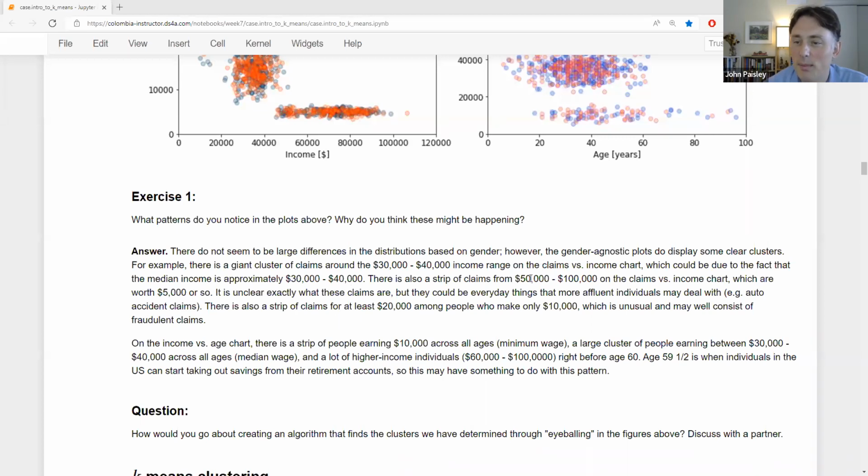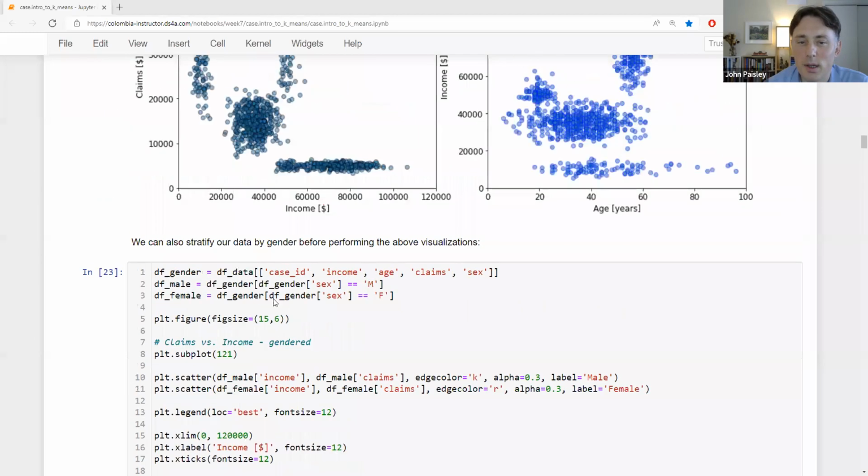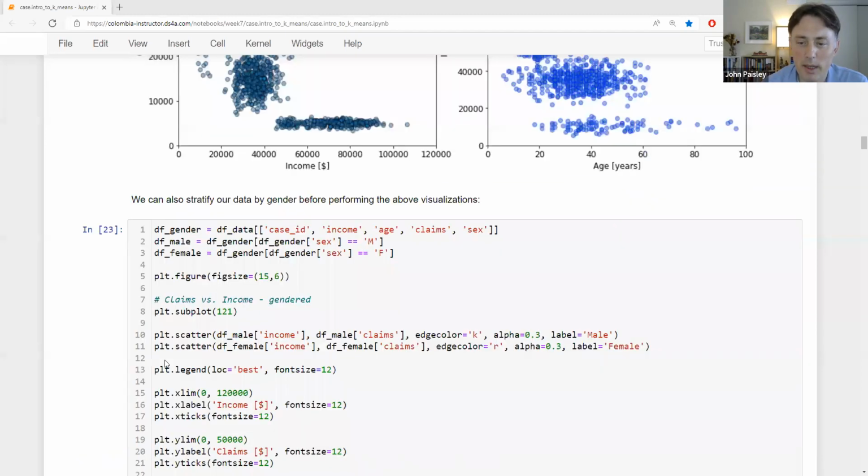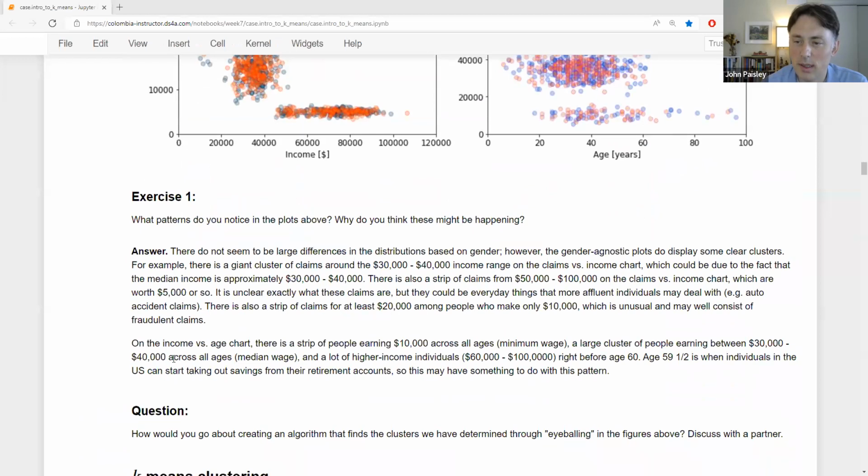There's also a strip of claims between 50 and 100,000, this strip right here. So there's a big group right there. You could consider perhaps that's just the average person. That's a typical thing. But then there's a strip down here of people making a bit more than average and also claiming less. They're claiming roughly 5,000.